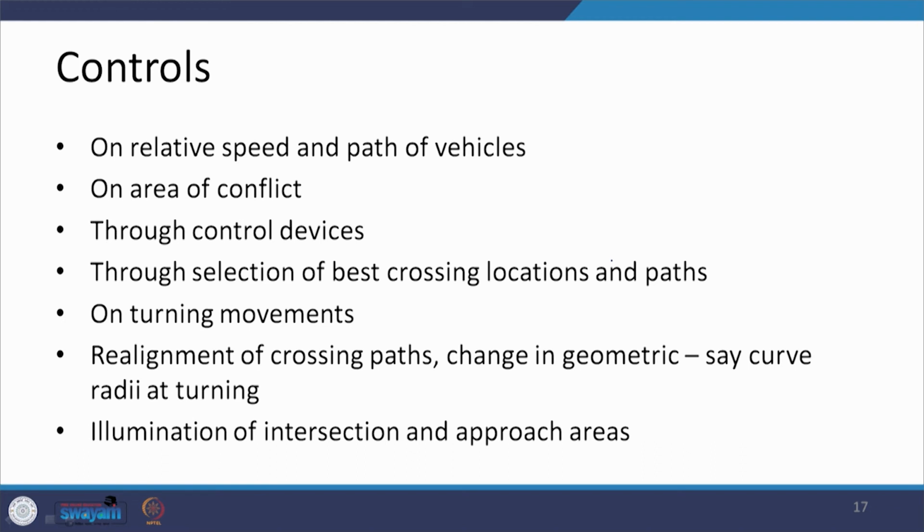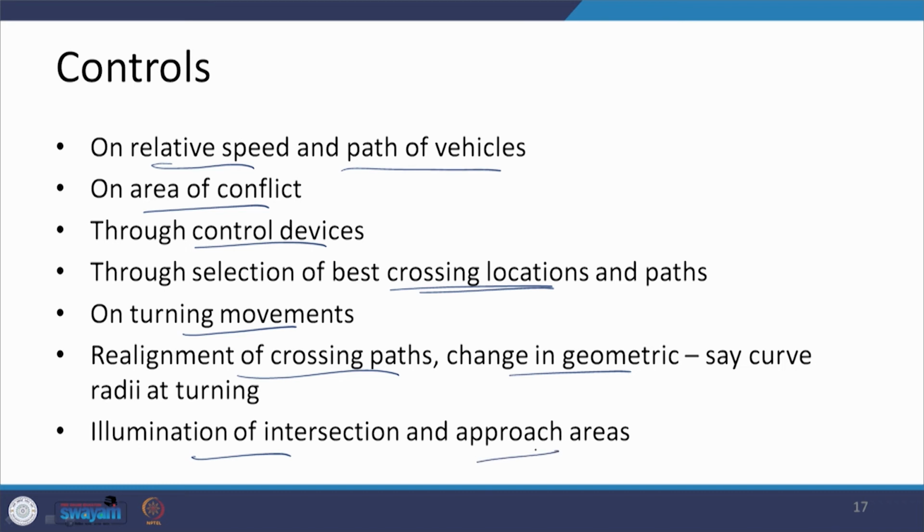Now, when you come to the controls, they can be of different types. We did talk about a few of the things already: it is on the relative speed, it is on the path of the vehicles. We have seen different examples, we can also utilize those here. The area of conflict, we can use different types of control devices, we can use the locations where the crossings can be provided, or it can be on the turning movements or the realignment of the crossing paths, the change in the geometrics, the illumination at the intersections or of the approach areas.